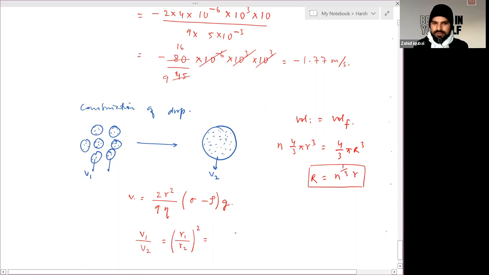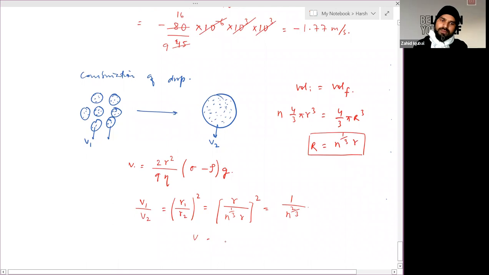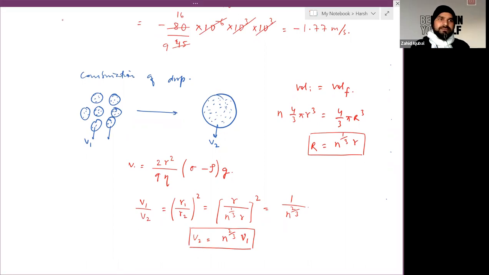Put the value of R1 to be small r initially and R2 to be capital R, which equals n to the power 1/3 times r, whole square. So r and r will cancel out, and you're left with n to the power 2 by 3. On cross multiplication, you will get V2 equals n to the power 2/3 times V1. So this will be your final expression for getting terminal velocity for combination of drops.